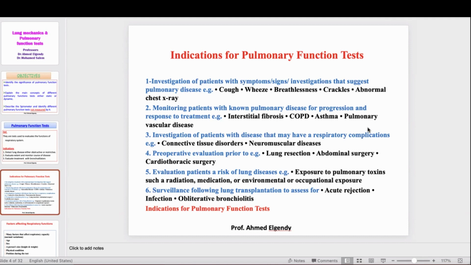Number three, investigation of patient with disease that may have a respiratory complication. Many diseases have respiratory complications, for example, connective tissue disorders, neuromuscular disease.